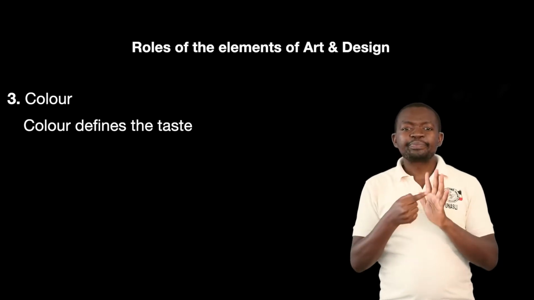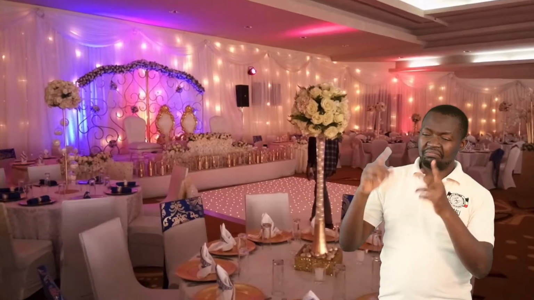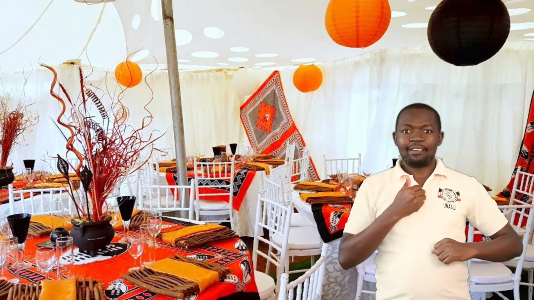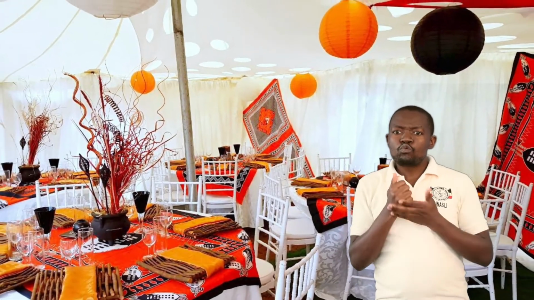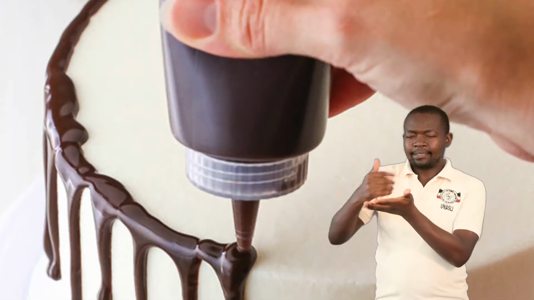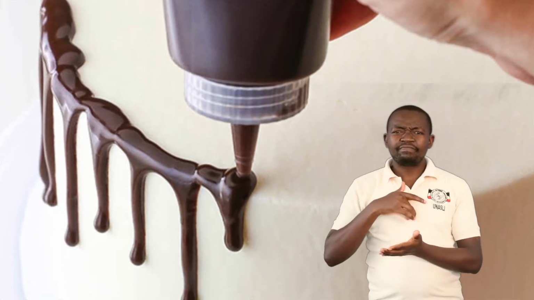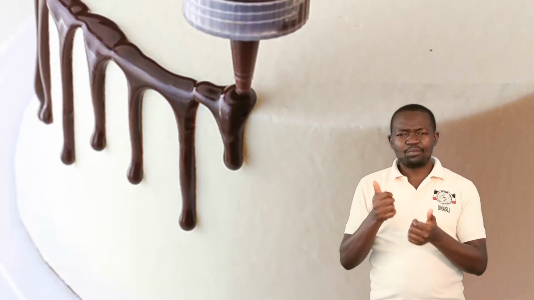Today, if we are to look around and recall, when we go to events, for example, weddings, you find the bride has a color. Even the one who is going to make the cake asks, what color should I put for the cake? Even the one who is going to do the recording will ask, what are your colors? The taste.